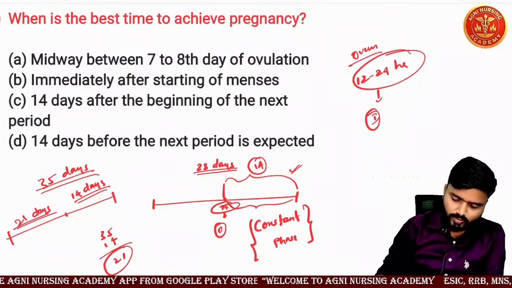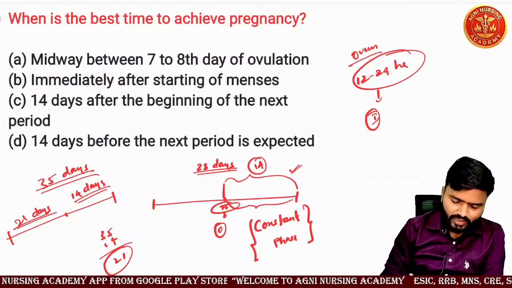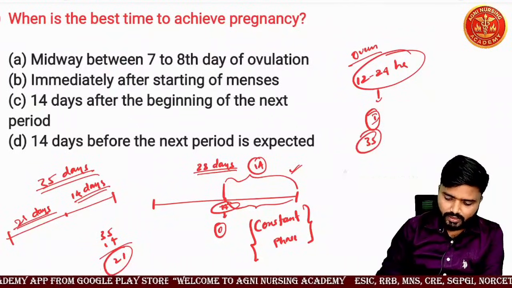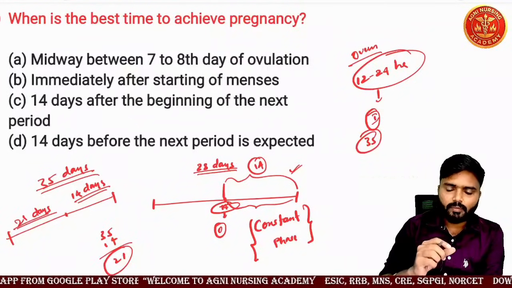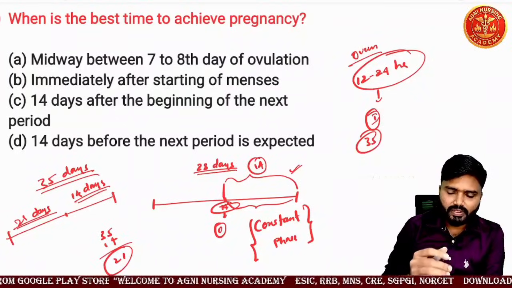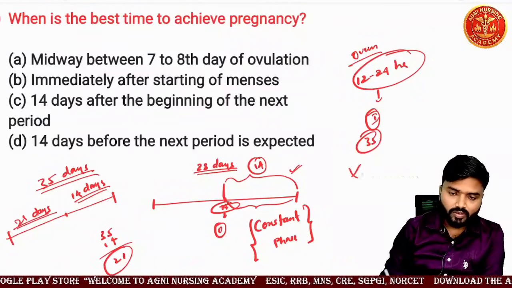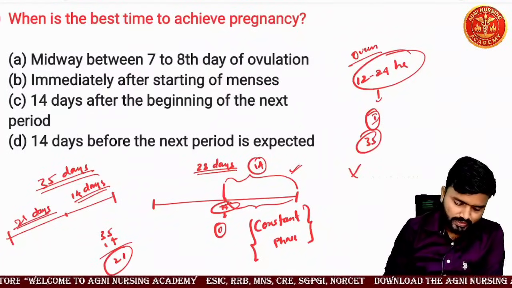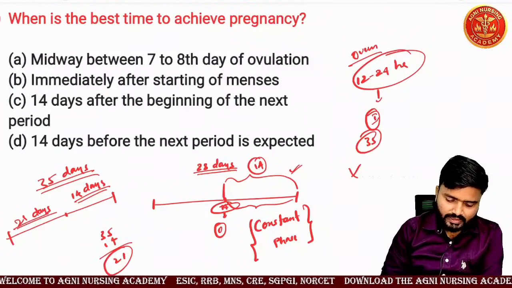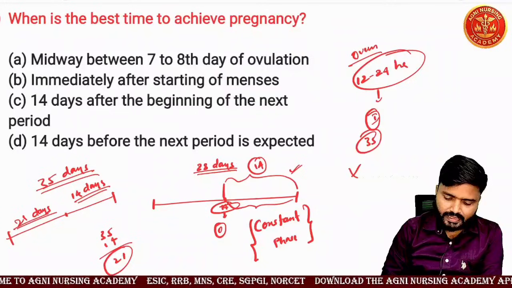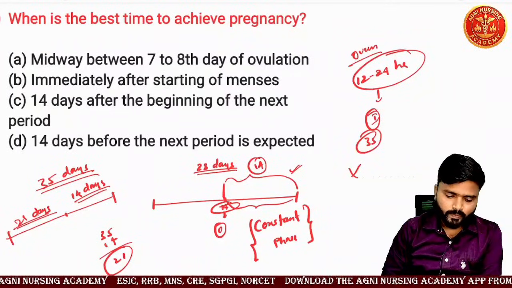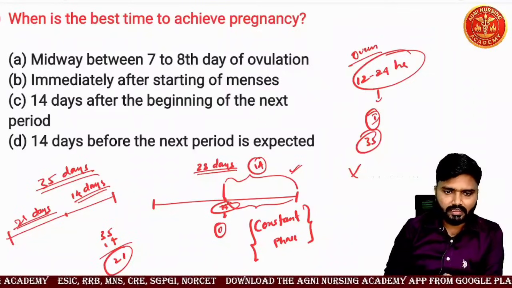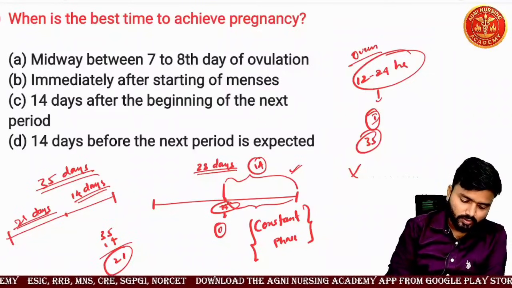In a female with a 35 day menstrual cycle, if we say 14 days after the initiation of the next period, it will be wrong, because the first half of the cycle is not a constant period. Option C is 14 days after the beginning of the next period: no sir. 14 days before the next period is expected, this is the right answer for this question.